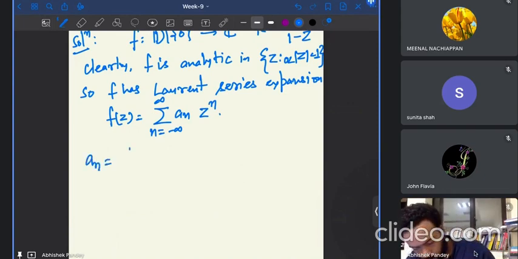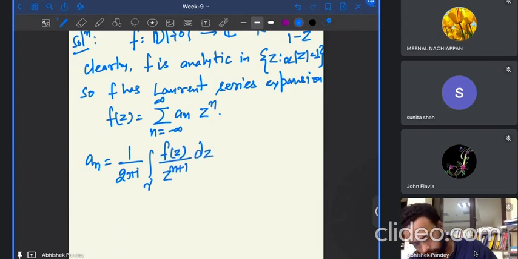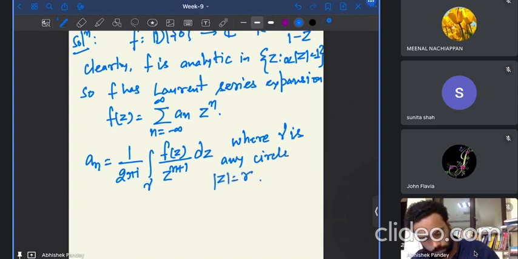So a_n is 1 upon 2 pi i times the integral over gamma of f(z) upon z to the power n plus 1 dz, where gamma is any circle |z| = r, with r between 0 and 1.